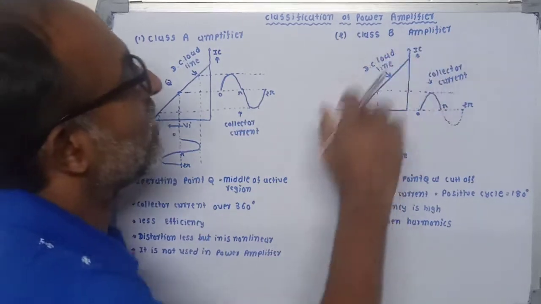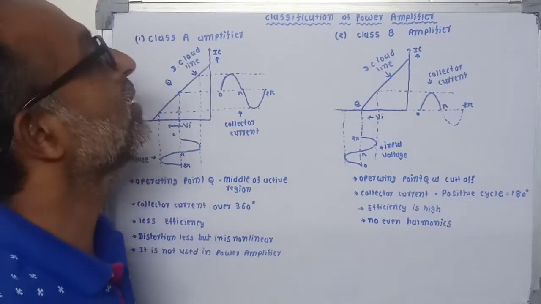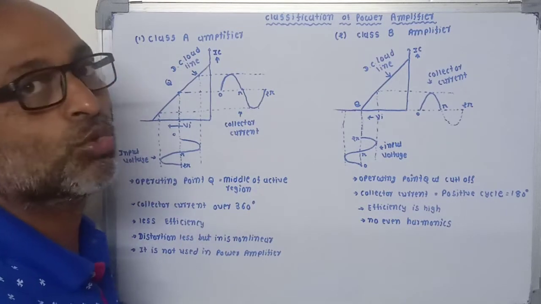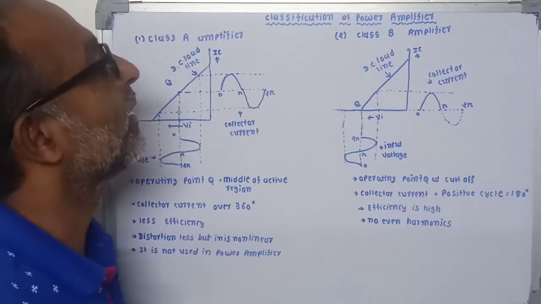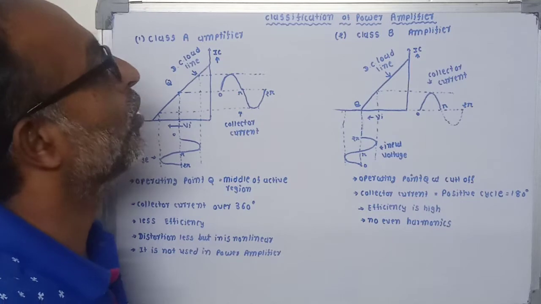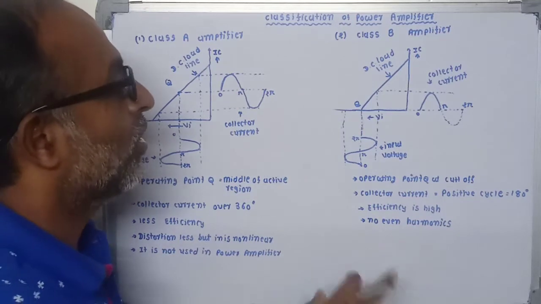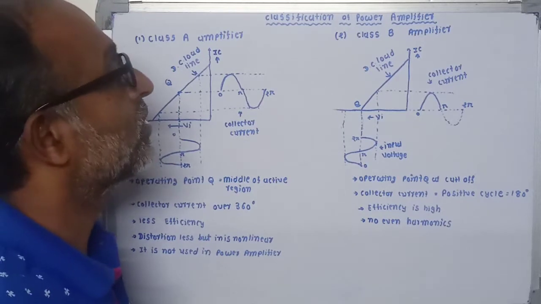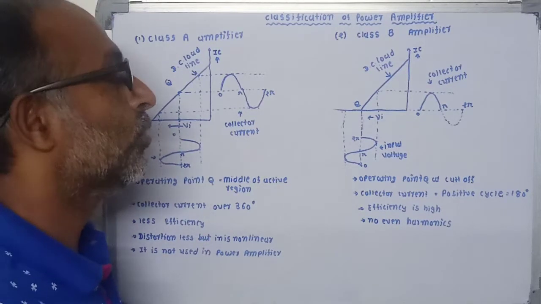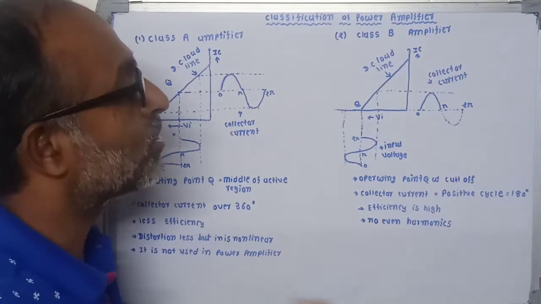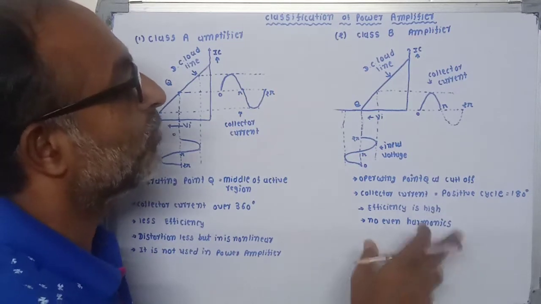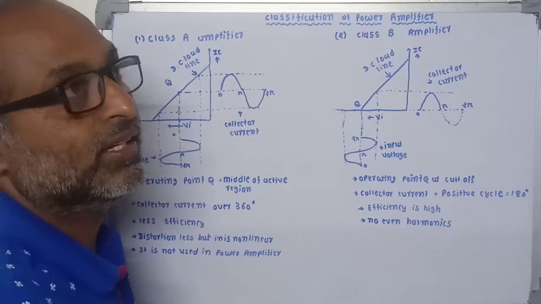Second, the class B amplifier. In this class B type amplifier, the biasing of the transistor is selected such that the operating point Q on the DC load line is at cutoff. So the collector current conducts only in the positive cycle, that means it operates for a 0 to 180 degree period.